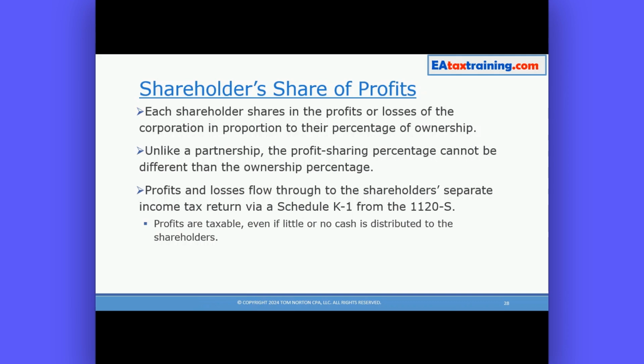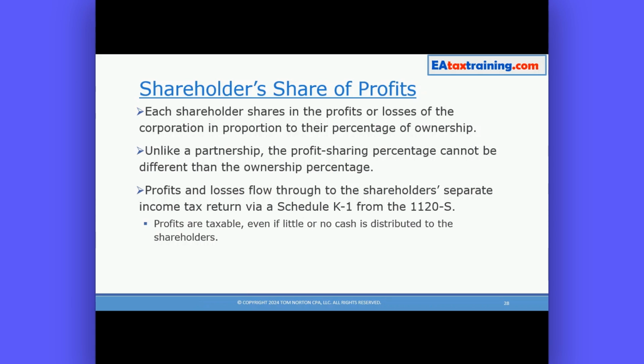So with a partnership, you can do that. You can have different profit and loss sharing percentages than ownership percentages. With an S Corp, you cannot. If someone owns 1% of the S Corp stock, then they get 1% of the profits and losses. You can't change it.